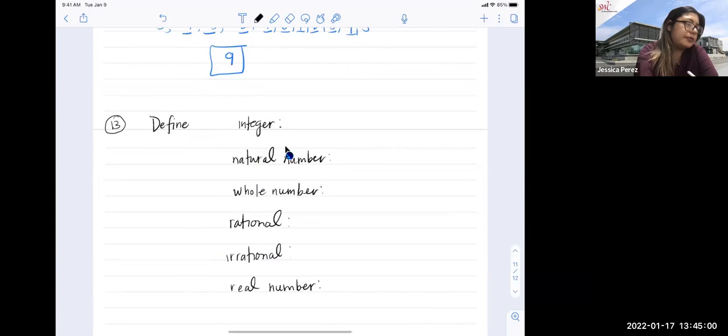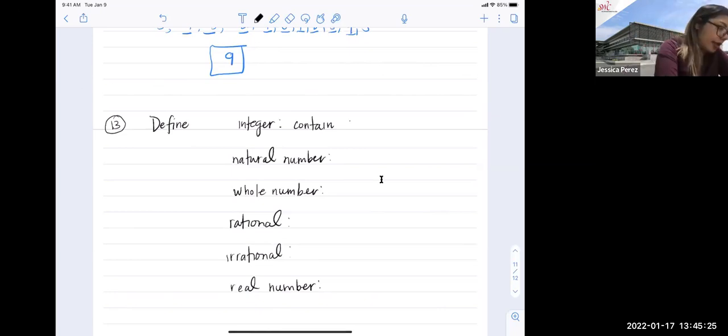Okay. Well, integers contain positives, negatives, and 0.